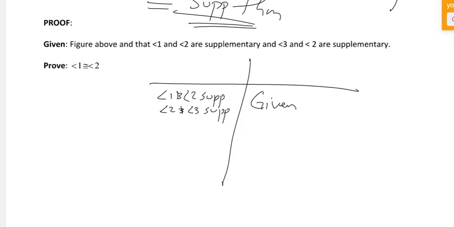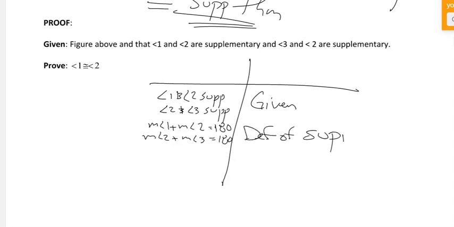After I say they're supplementary, then we know measure of angle 1 plus measure of angle 2 equals how many degrees? 180. Measure of angle 2 plus measure of angle 3 is how many degrees? 180. That's just the definition of supplementary. Think back to our proof for the vertical angle theorem. Why in the world would we ever want two things to equal 180?